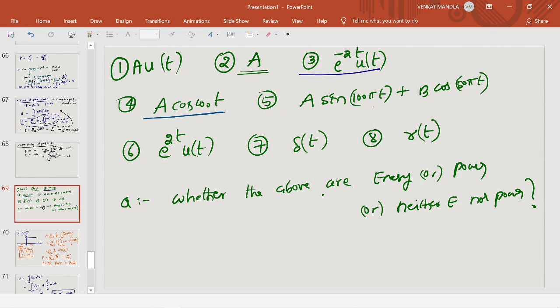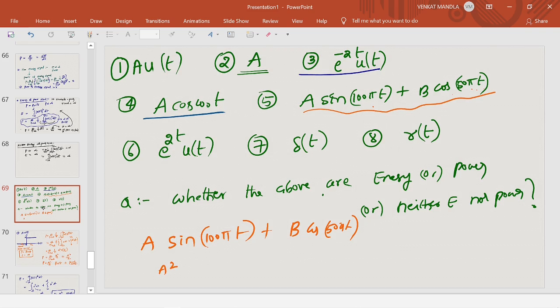And here, a sin 100 pi t plus b cos 50 pi t. What is the power? First we calculate RMS values. The RMS value of the first term is a by root 2, and for b cos 50 pi t it is b by root 2.